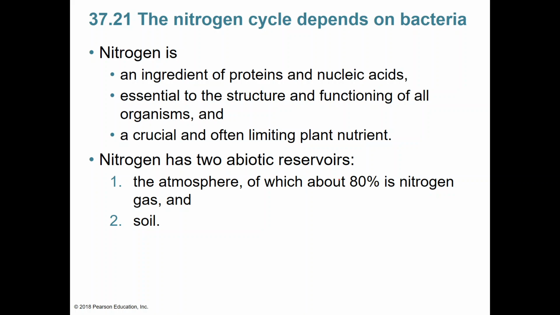I mentioned the soil, but it's extremely happy in the atmosphere, because if you go back to the biochemistry part of Bio 101 and how atoms interact with one another based on their valence shells, nitrogen is really happy being N2. So it will bond with another nitrogen atom and be N2 gas, and makes up about 80% of our atmosphere.